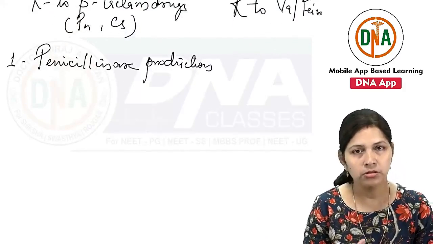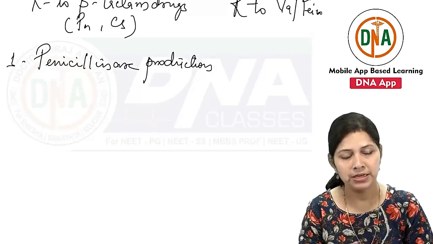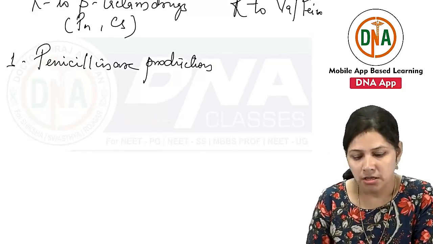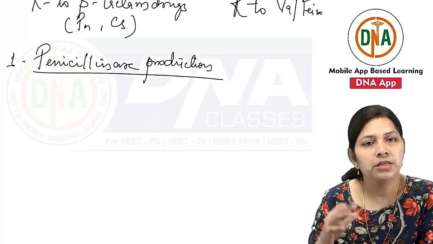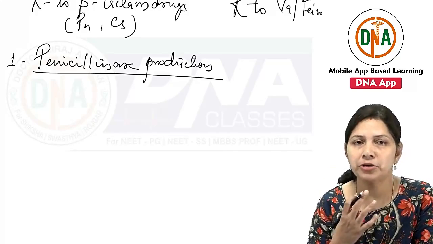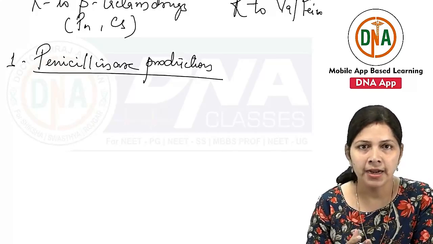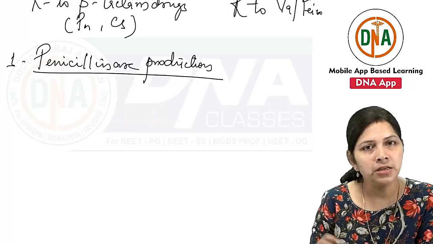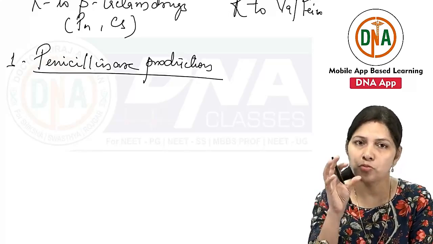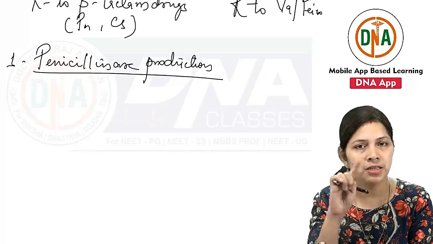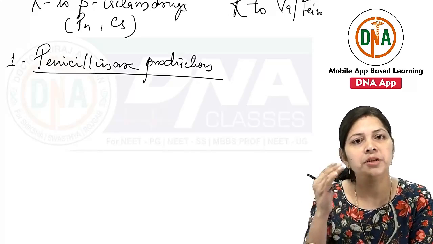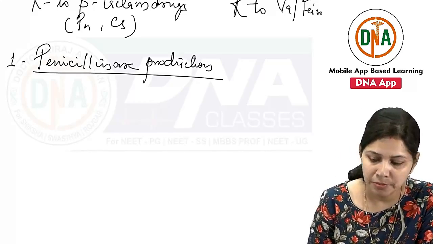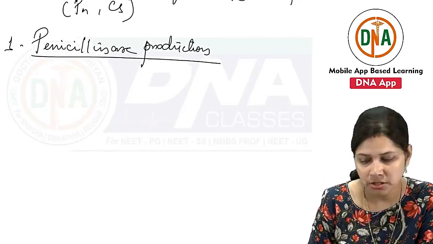This type of penicillinase production can be detected while performing the antimicrobial susceptibility testing. Around the penicillin or ampicillin there is a zone which is small in size and thick at the periphery, with heaped up margins. Okay, so it is mainly because of penicillinase production.